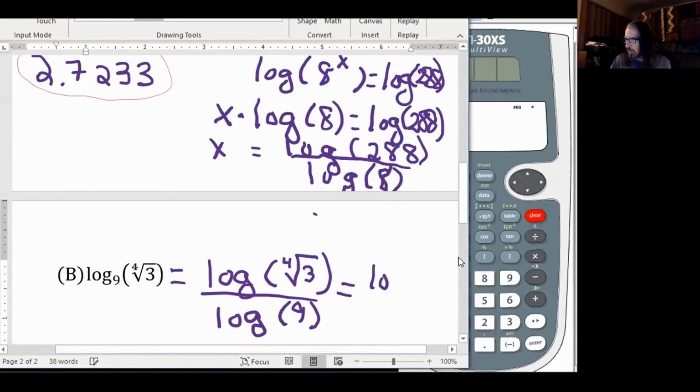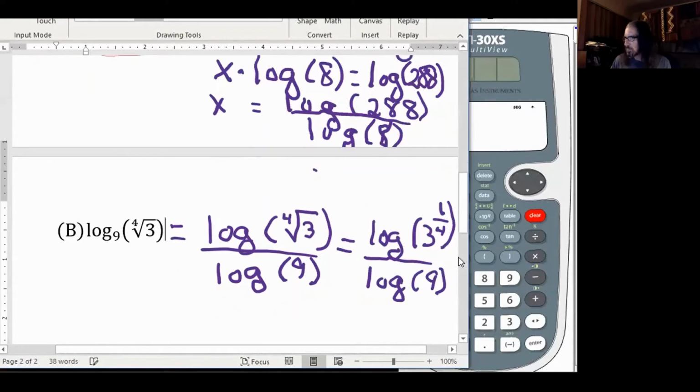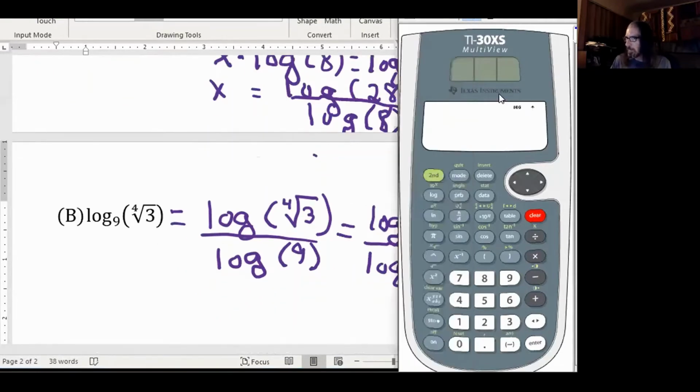Now, to get the 4th root of 3 in the calculator, I'm going to put that in as 3 to the 1/4 power. So here we go. Log of 3 to the 1/4 power. Notice how I've been putting parentheses afterwards before my next step.